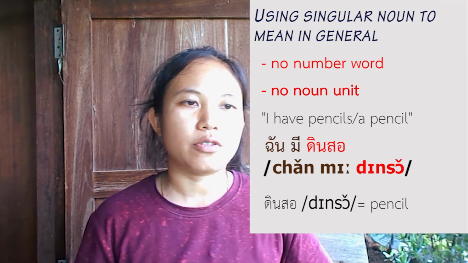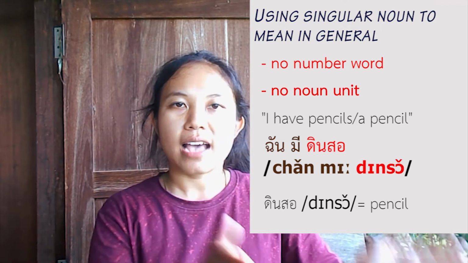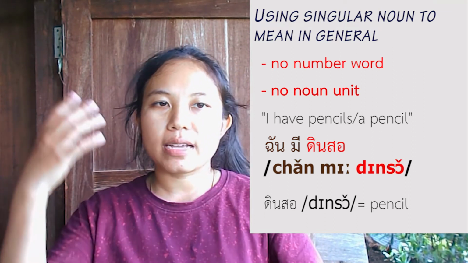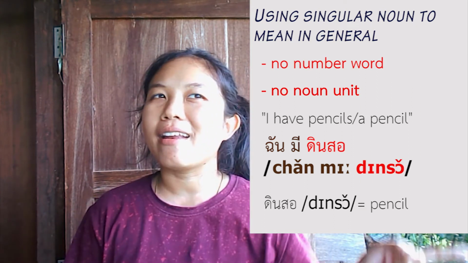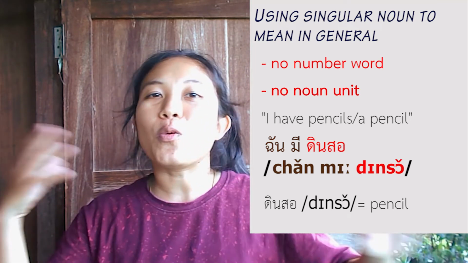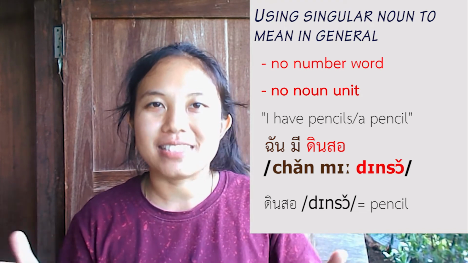You just mean in general, I have pencils. The listener might know that maybe you have one pencil or two pencils or many pencils, but they don't need to know how many, because they already know that you have pencils. So this is what I'm talking about.